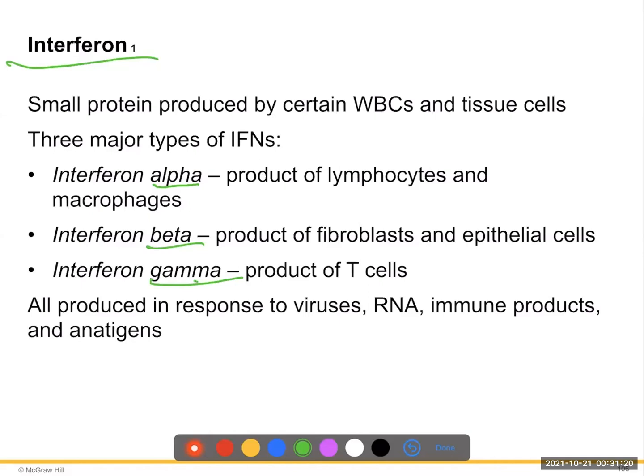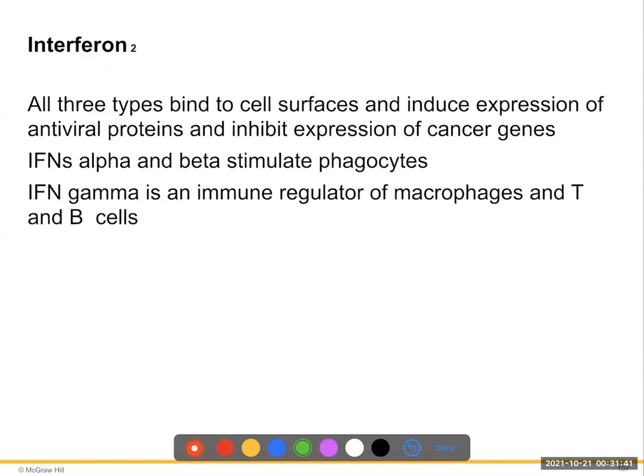Remember, the T cells are the immune cells that recognize the cells that are marked as non-self and destroy them. They're all produced in response to viruses, cancer, RNA, immune products, and antigens. Those produce the three types of interferon. See, all three types bind to the cell surfaces and induce expression of antiviral proteins.